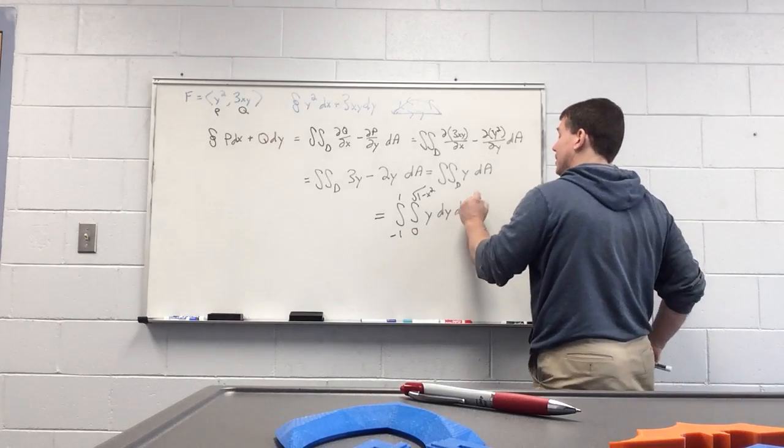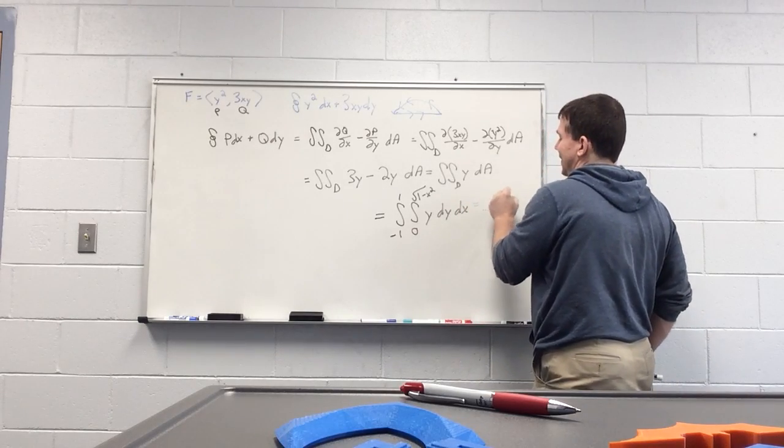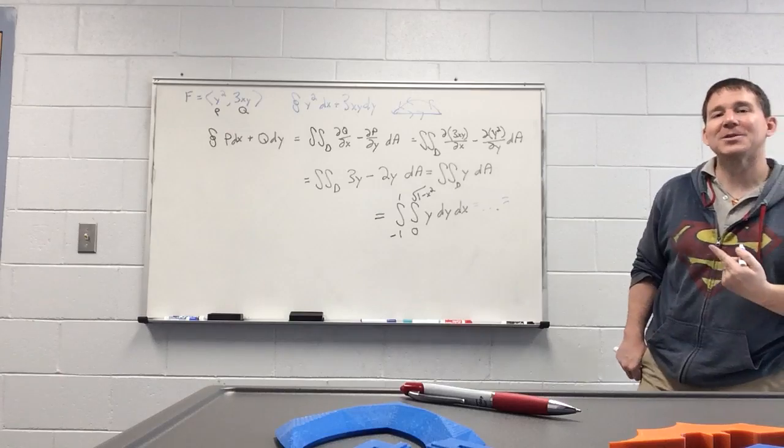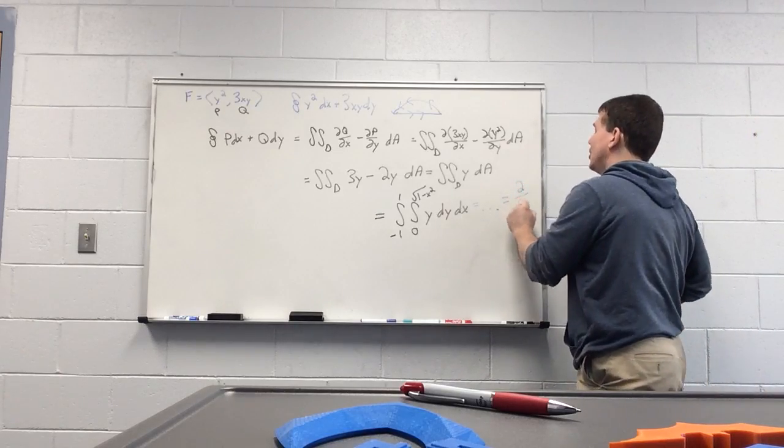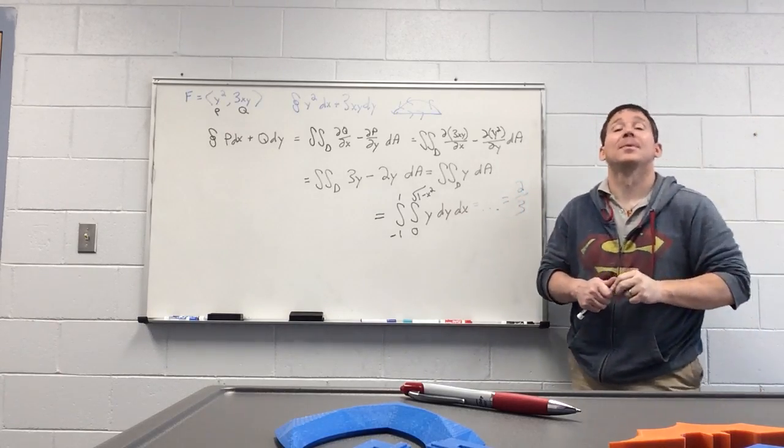Now just solve the integral. I'm going to leave that to you because all of you can do that, and you should get 2/3 when you work it all out.